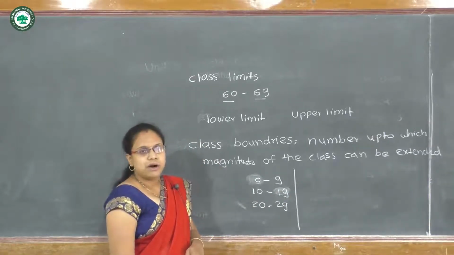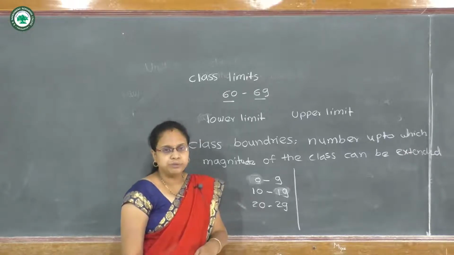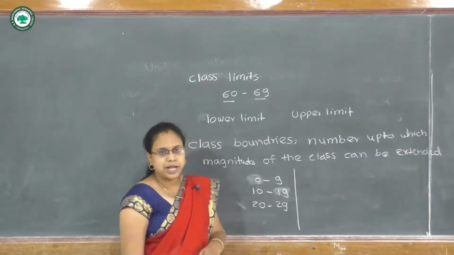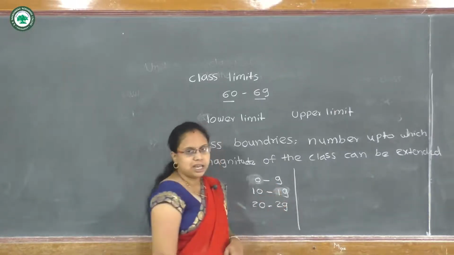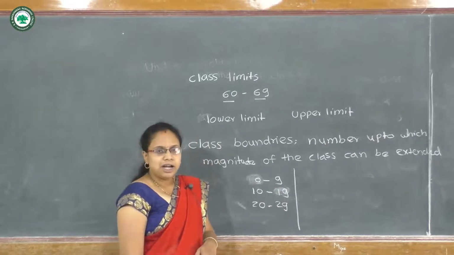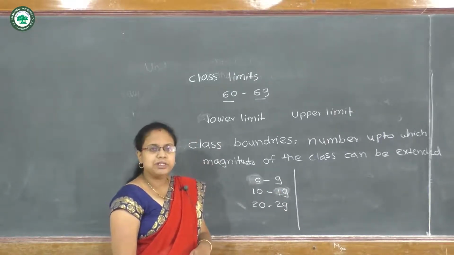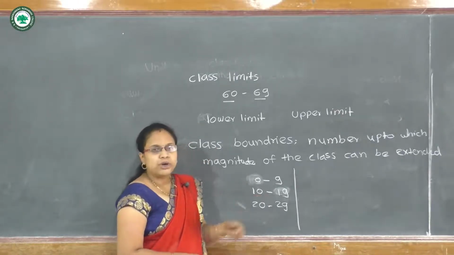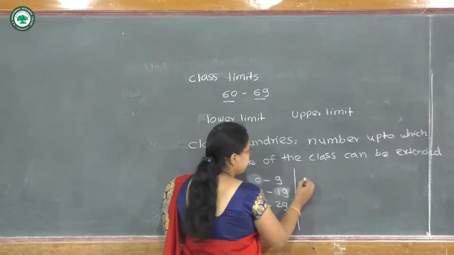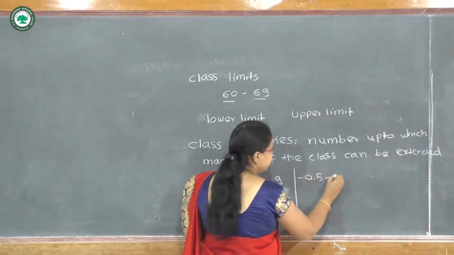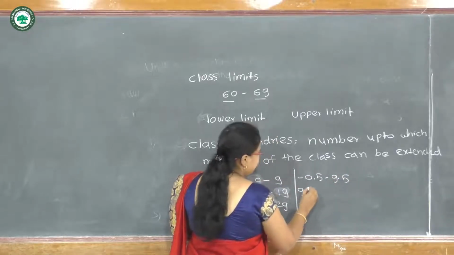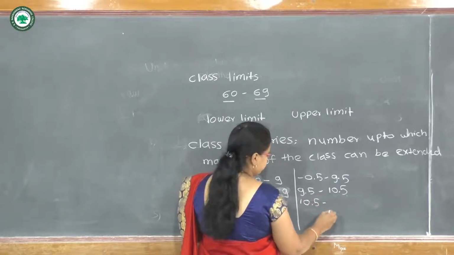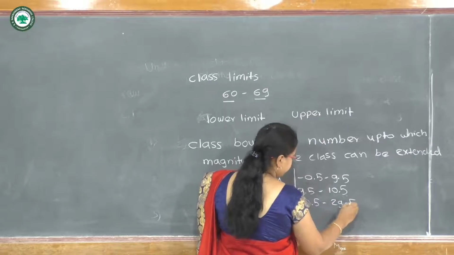Suppose our observation is 9.2. This number 9.2 can be rounded to 9 and it will be included in this class. If the number in our data is 9.8, it can be rounded to 10 and included in this class. So the classes may be minus 0.5 to 9.5, then 9.5 to 19.5, and 19.5 to 29.5.